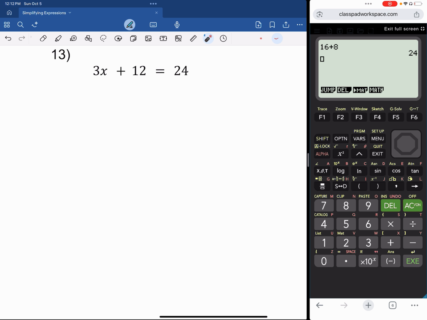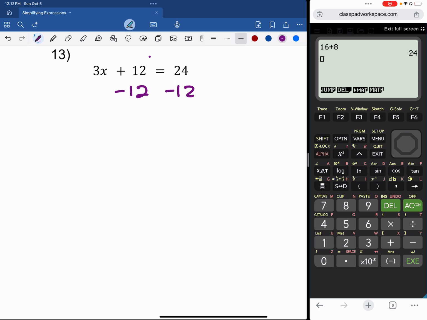So my first step is going to be to move this 12 over to the other side. Again, I'm going to do the inverse operation, or the opposite of whatever is happening to 12. Since 12 is being added here, the opposite would be to subtract 12. So my first step would be to subtract 12 from both sides.